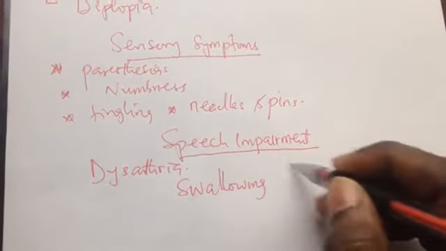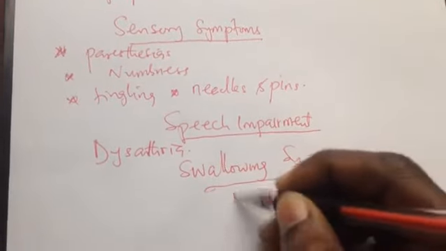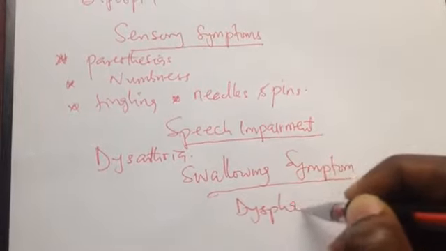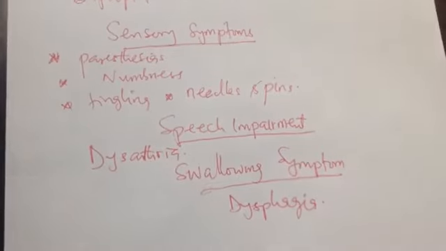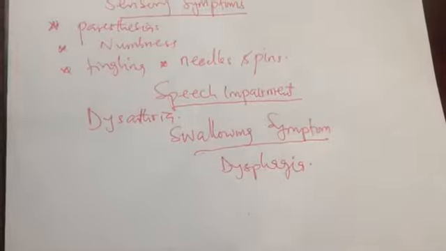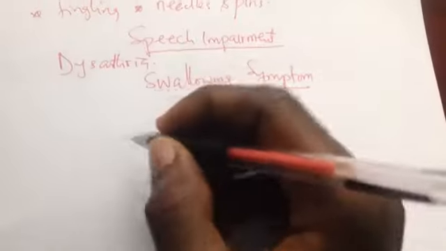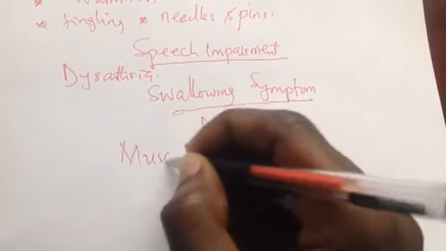Swallowing symptom. So the patient will have dysphagia actually, because the nerves associated with swallowing are impaired. So that is it. Then we have musculoskeletal symptoms.